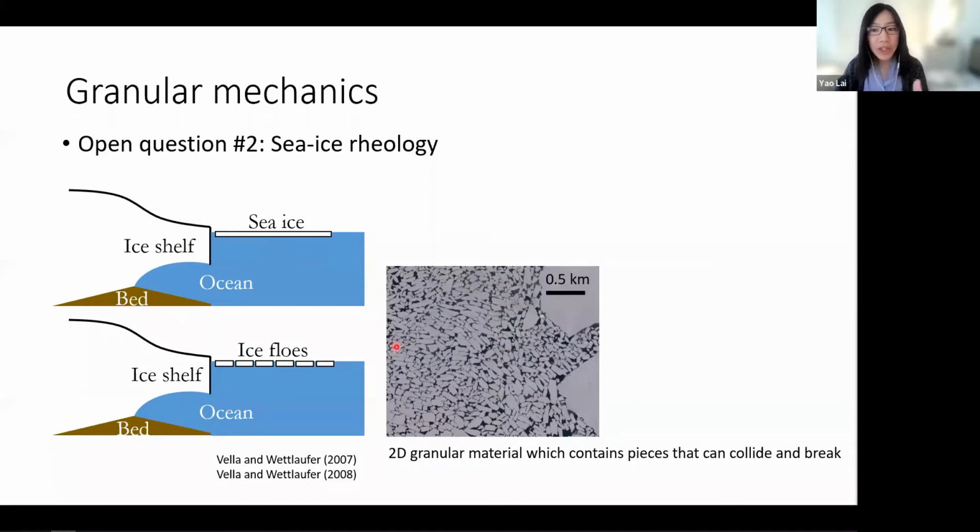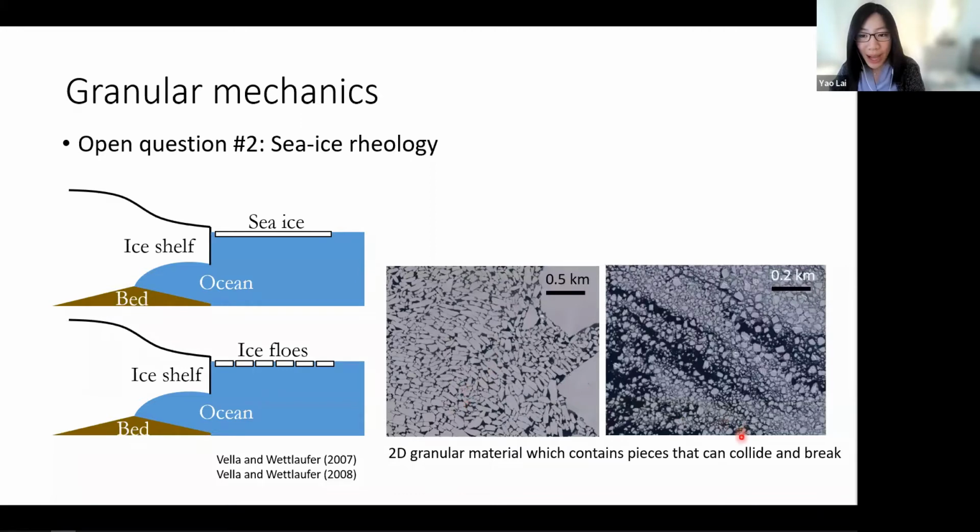So sea ice tends to break into pieces called ice floes, and Dominic and John have 2 beautiful papers on the interactions between these ice floes. Here we can see individual ice floes in this high resolution satellite imagery over Antarctica, where the dark color represents ocean and the white is the ice.